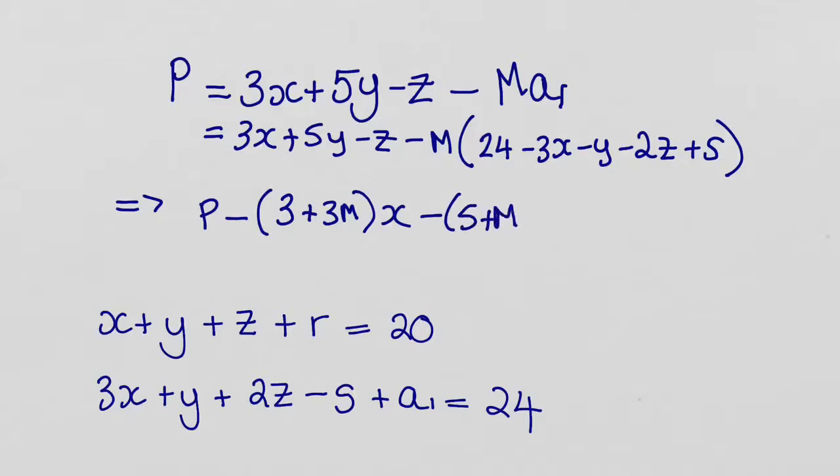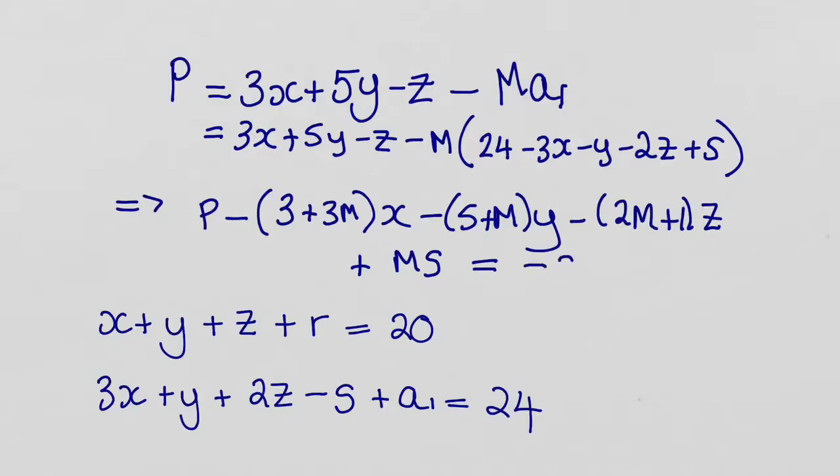And I'm doing takes rather than pluses and making these minus in here, because remember, I want to have minuses in the objective function. Then I'm going to do my z's, 2m plus 1z, plus I've also got m lots of s, and that's all equal to minus 24m.